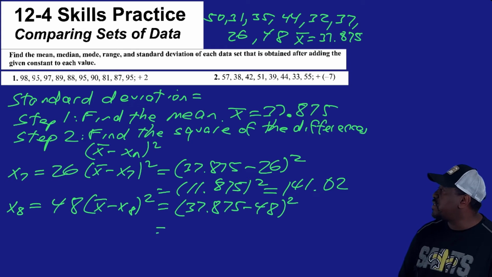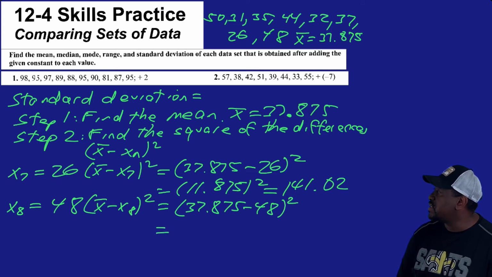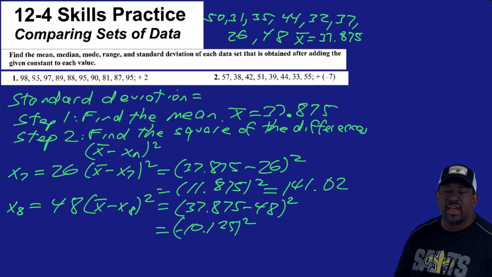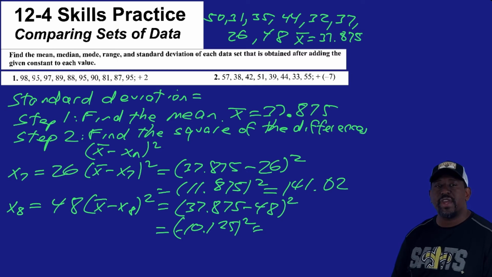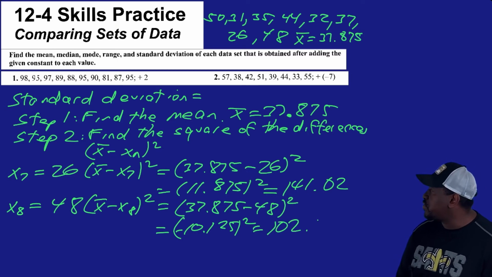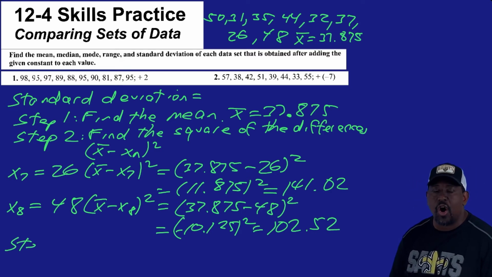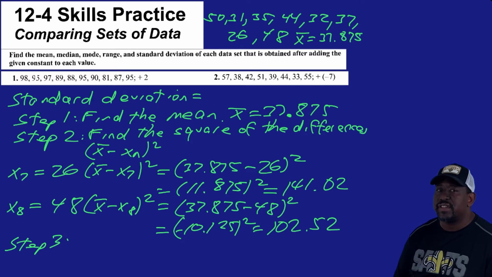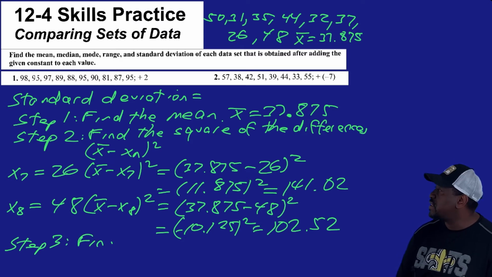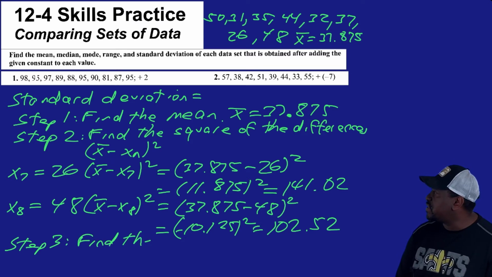And that will give us a value of negative 10.125. We're going to square that, round it to the nearest hundredth. We'll get 102.52. So now we have gotten all the squares of the differences.